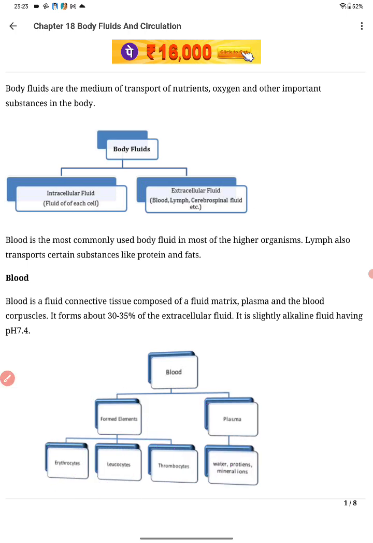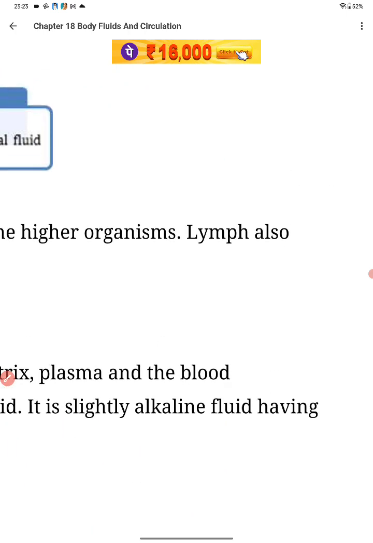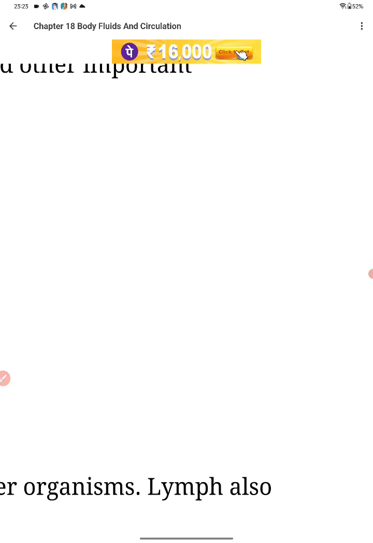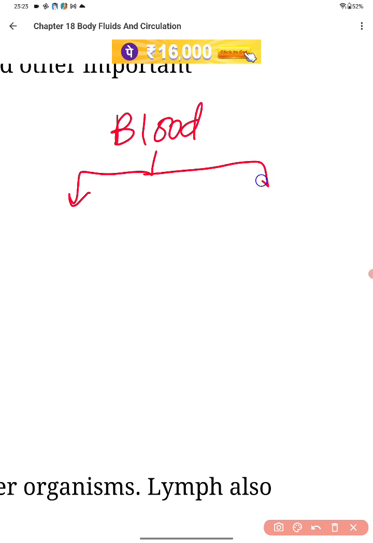Formed elements are three. What are the formed elements? Once again, I will write and show you, and you should also write in your notes if you're making them. So blood consists of what? It consists of formed elements. What are the formed elements?